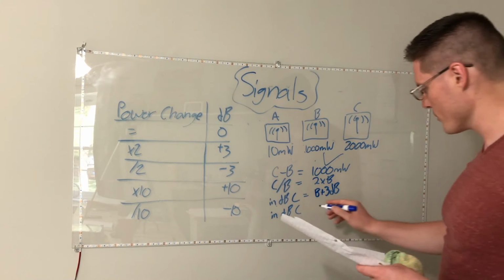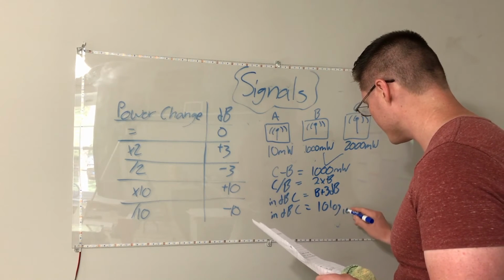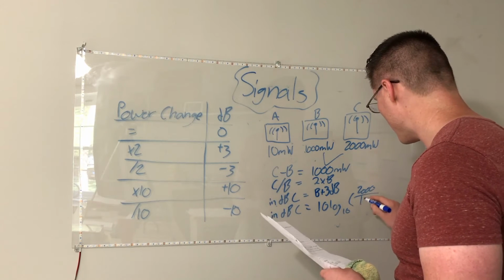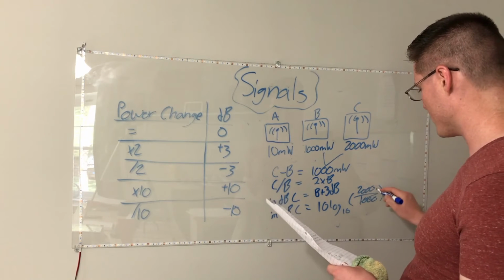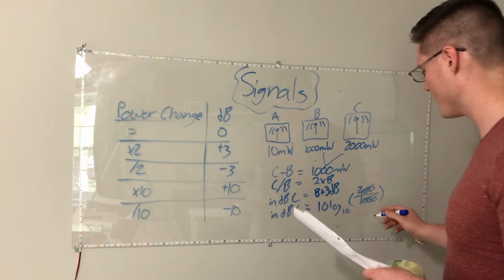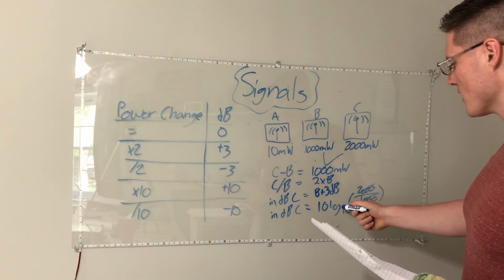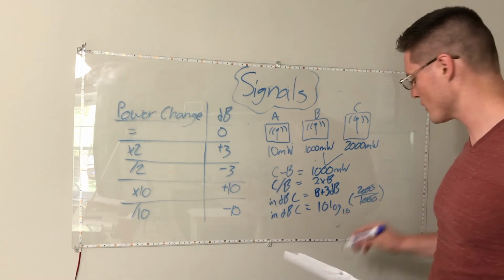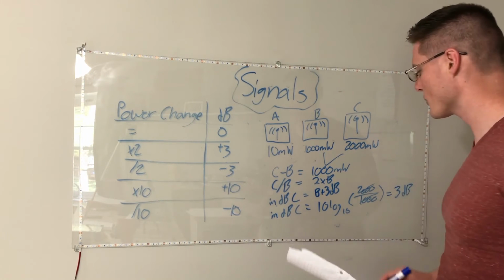And when we're using the formula, now we do 10 log base 10 of 2,000 divided by 1,000. Remember, that's just really equal to 2. And when you take log base 10 of 2 times 10, you're going to get 3.